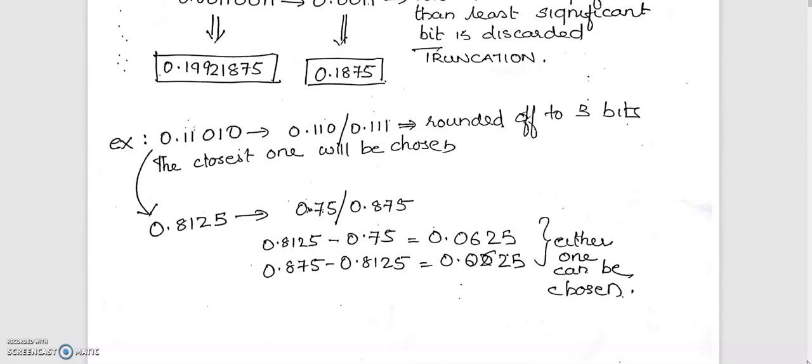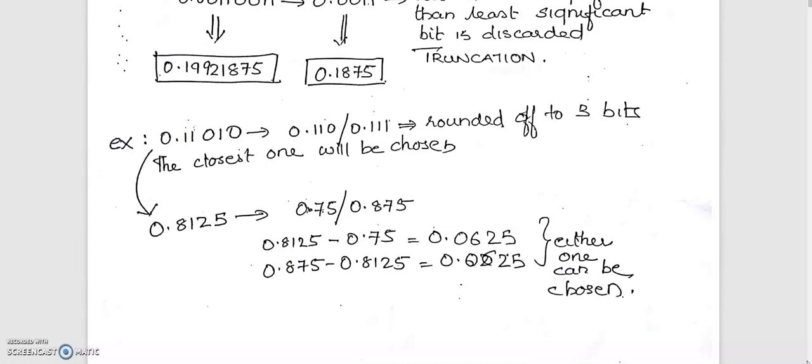So when we do this rounding off process, we choose the one that is closest to the original value. So if you look over here, this original value 0.11010 in decimal is 0.8125, and when we consider it as 0.110 and 0.111, its equivalent is 0.75 and 0.875.